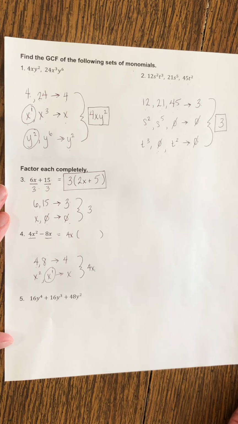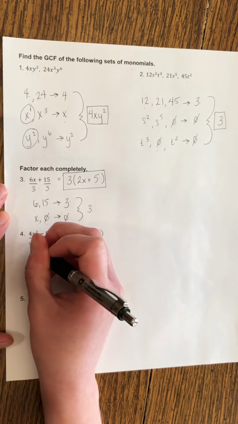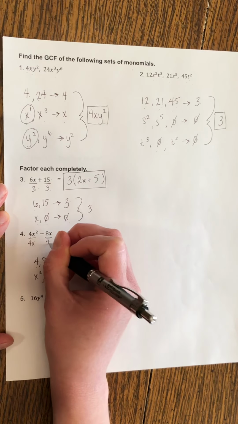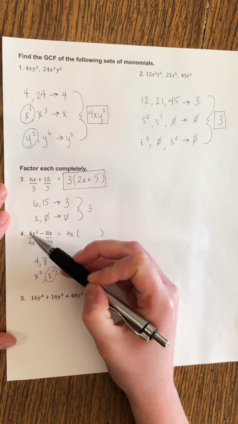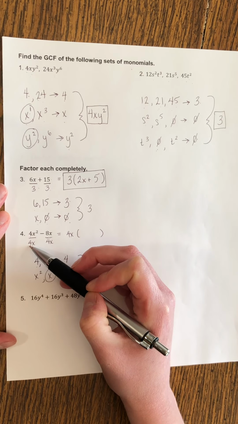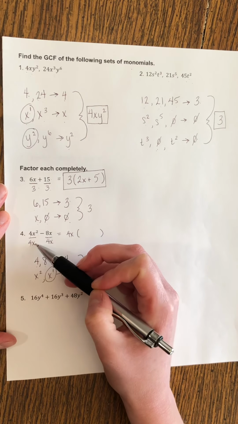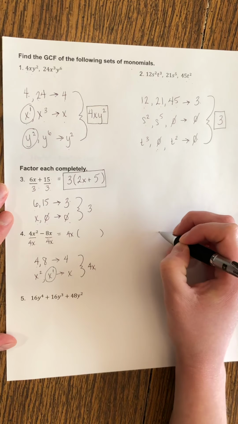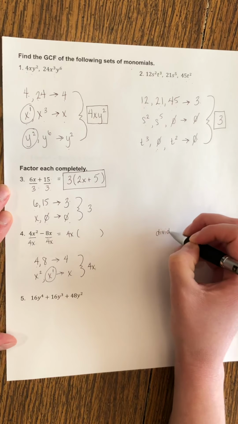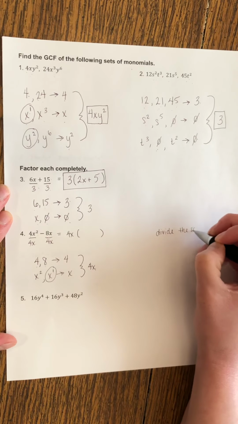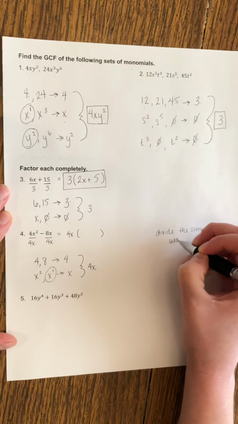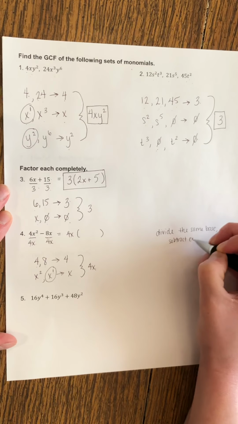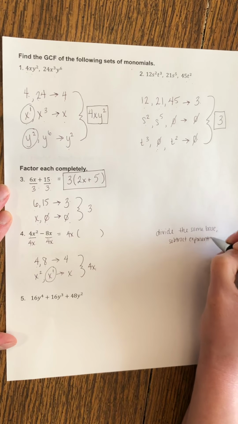And to determine what goes inside the set of parentheses, we're going to divide the original expression, everything in it, by the GCF. If I divide 4 by 4, I get 1. If I divide x squared by x, remember when we divide the same base, we subtract the exponents.